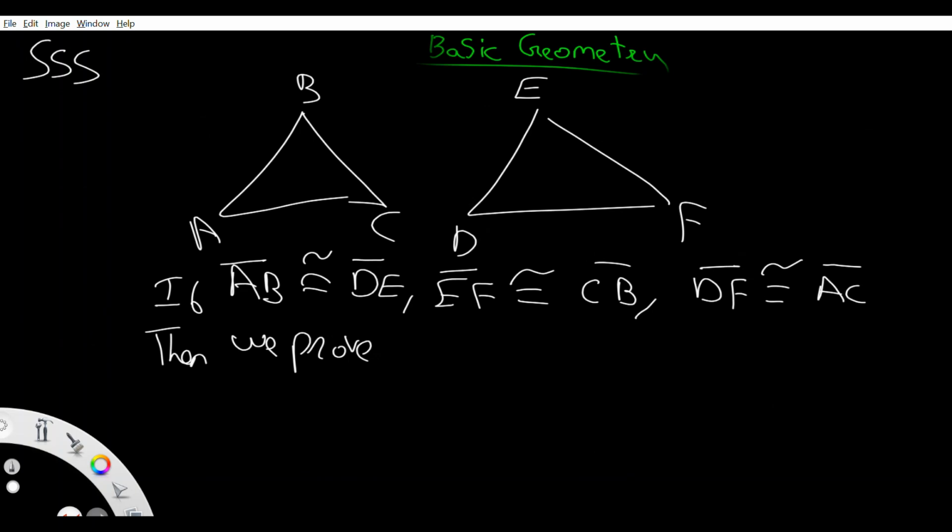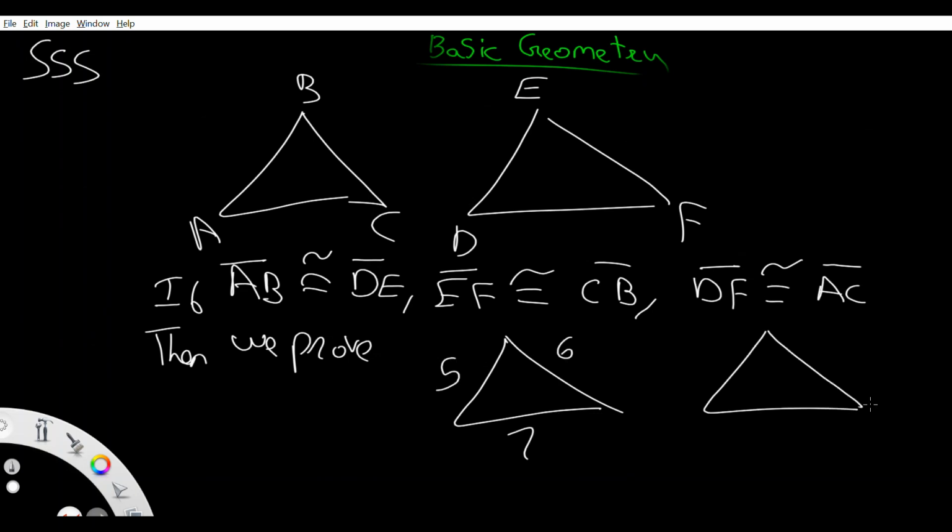Let me give you an example with numbers. If you have a triangle with sides 5, 6, and 7, and another triangle with 5, 6, and 7, let's label the points A, B, C, and A, B, C. This means that AB and AB are the same, 5 and 5.